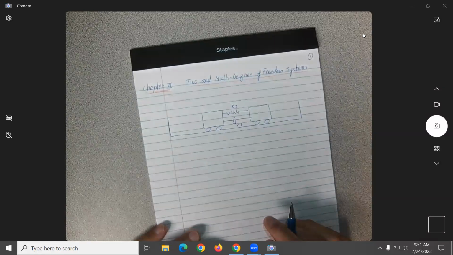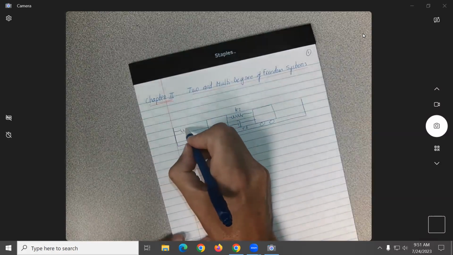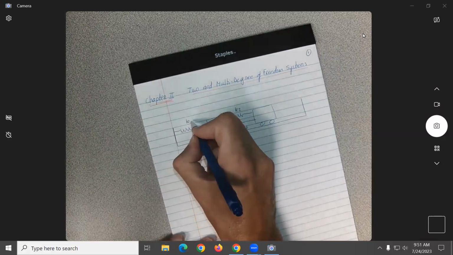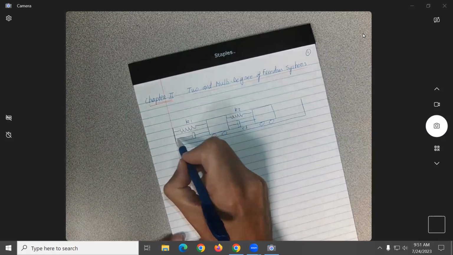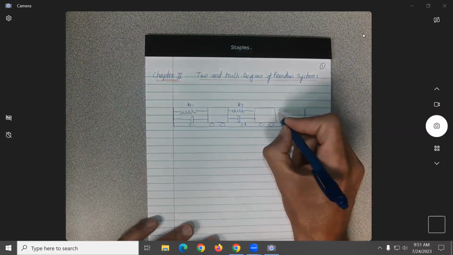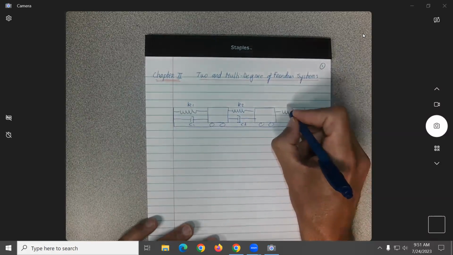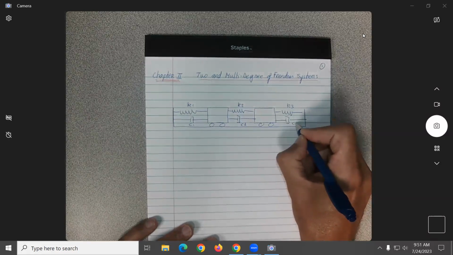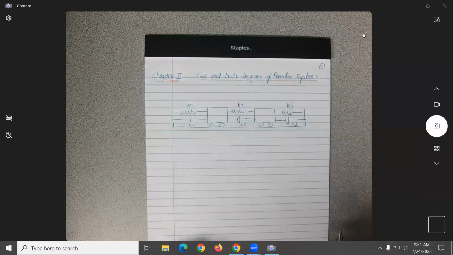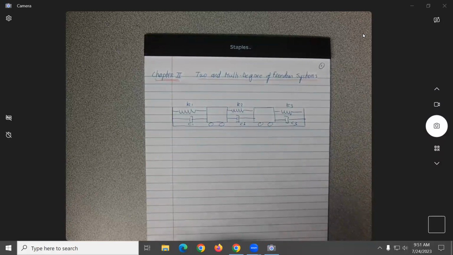And now let's say also that these two springs are connected to the end by a spring and a damper. Okay, we assume no friction.